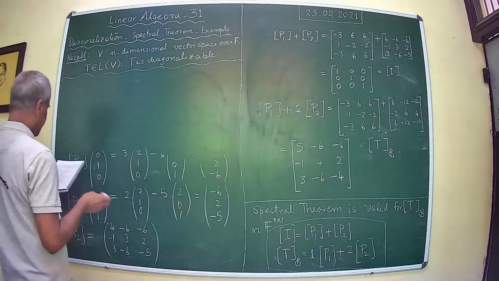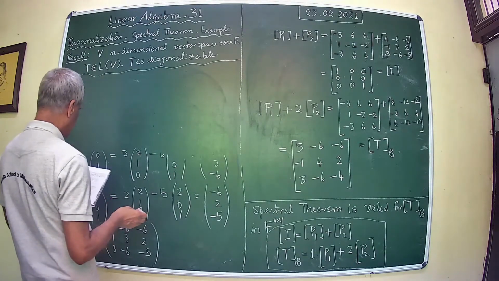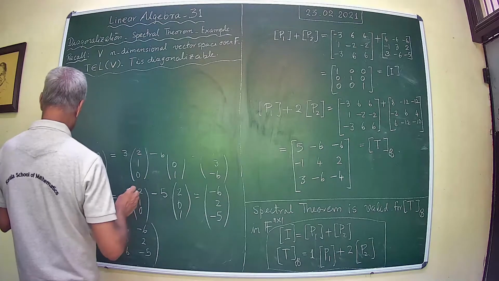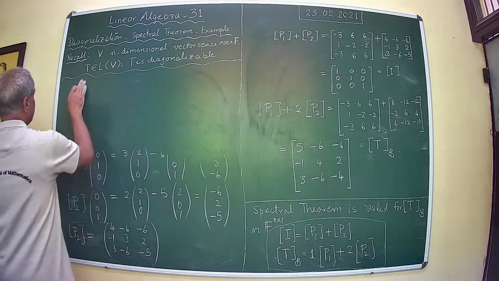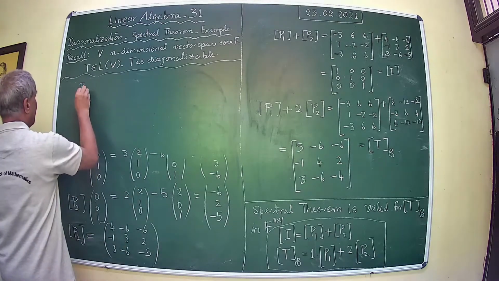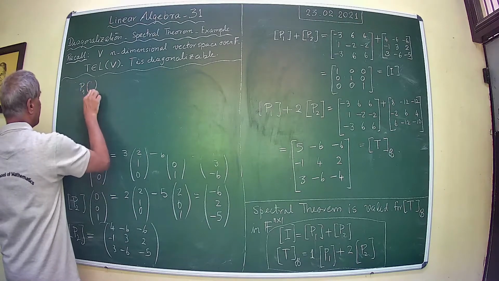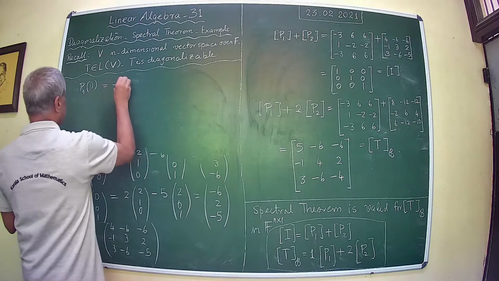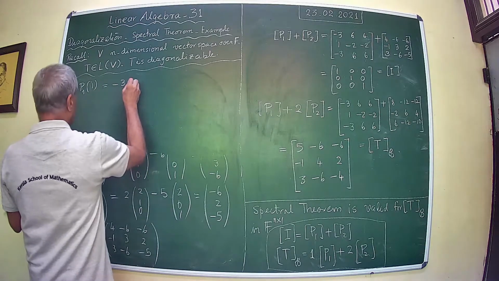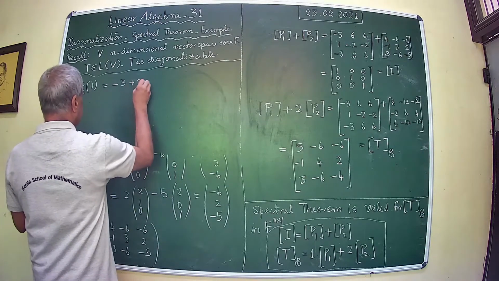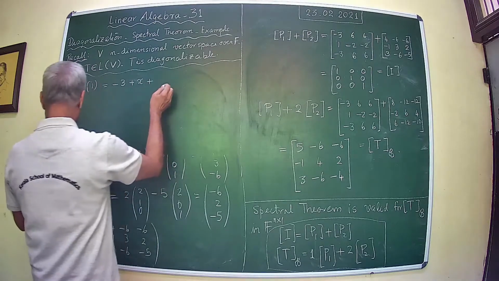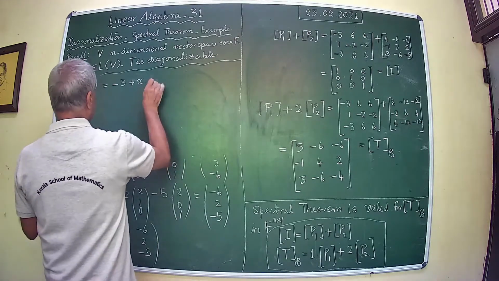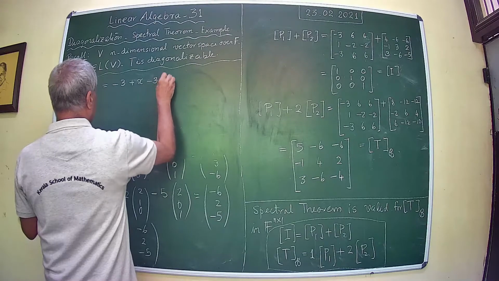So the matrix for P1 is this, which means we have P1 of 1 equal to minus 3 plus x plus x square.